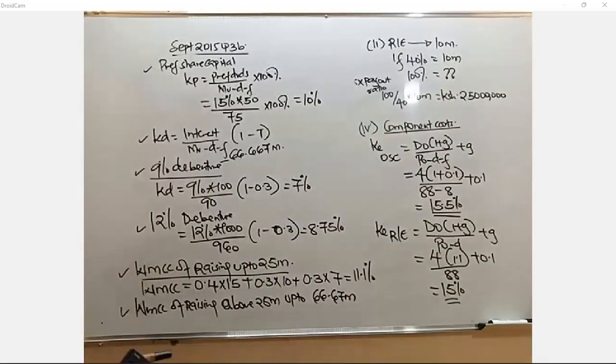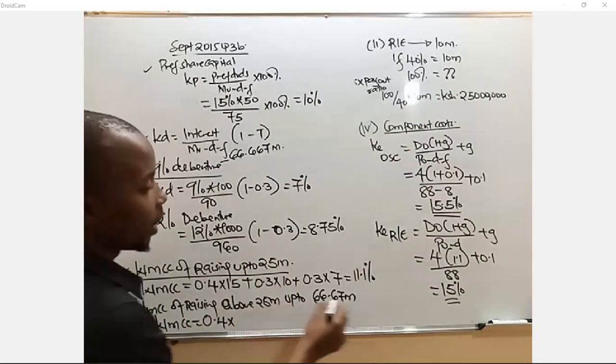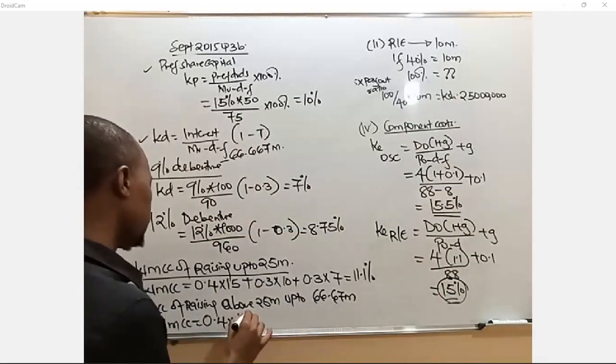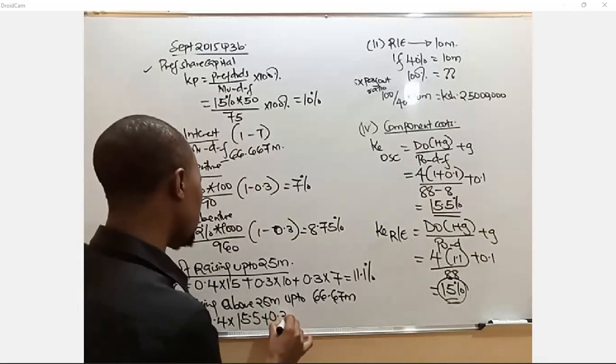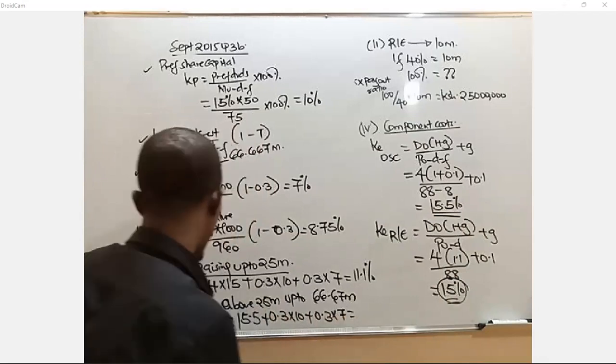So in this case, to get my WMCC, I will use the weight of equity, 0.4, but the cost now I will not use 15. I use the expensive 15.5, plus the weight of preference, 0.3, times 10, plus 0.3 times 7. So how much is this?